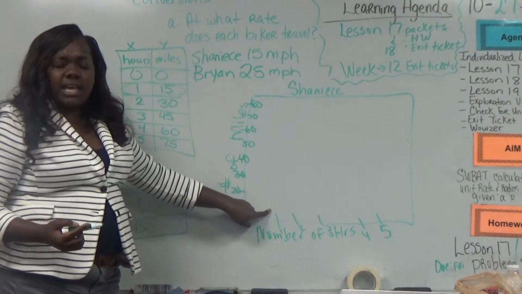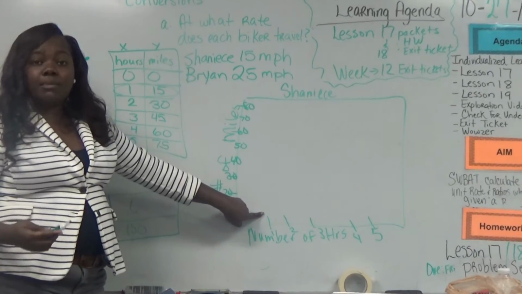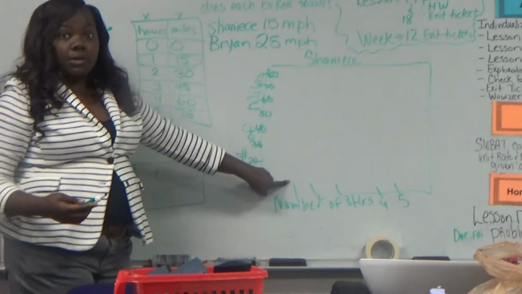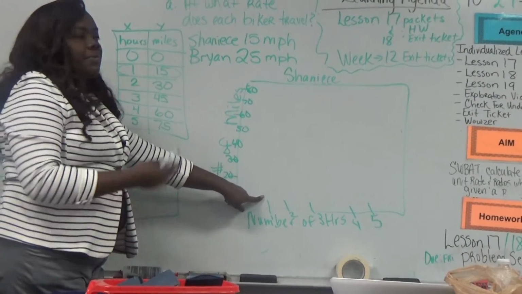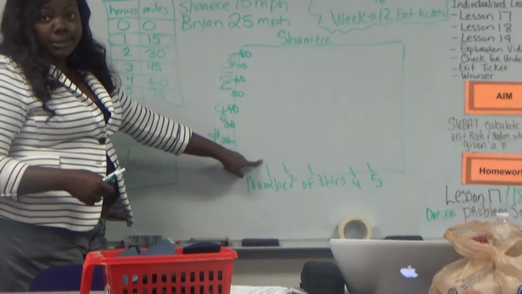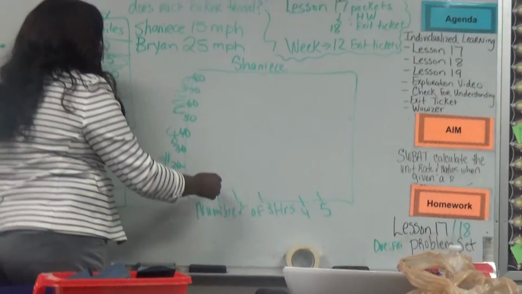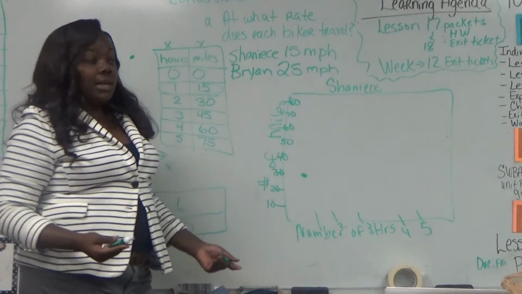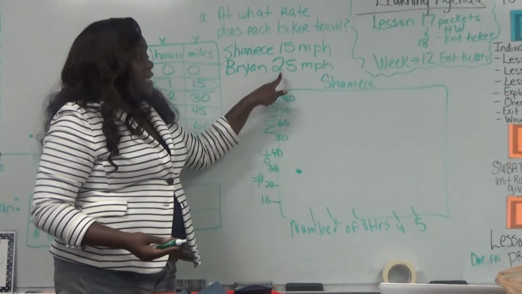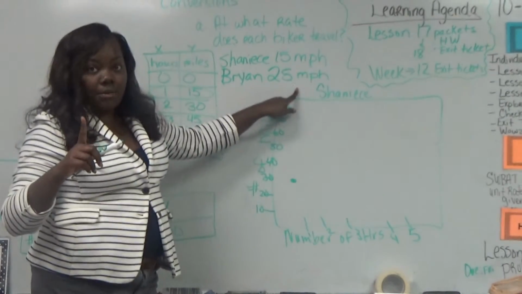If I want to win at 1 hour, I have to be greater than what? 25. Greater than Brian's 25 miles. So what number up here could be greater than 25 miles? 30. 30 is greater than 25 miles. I could have gone to 40, could have gone to 50, as long as it's greater than his 25 miles in 1 hour.